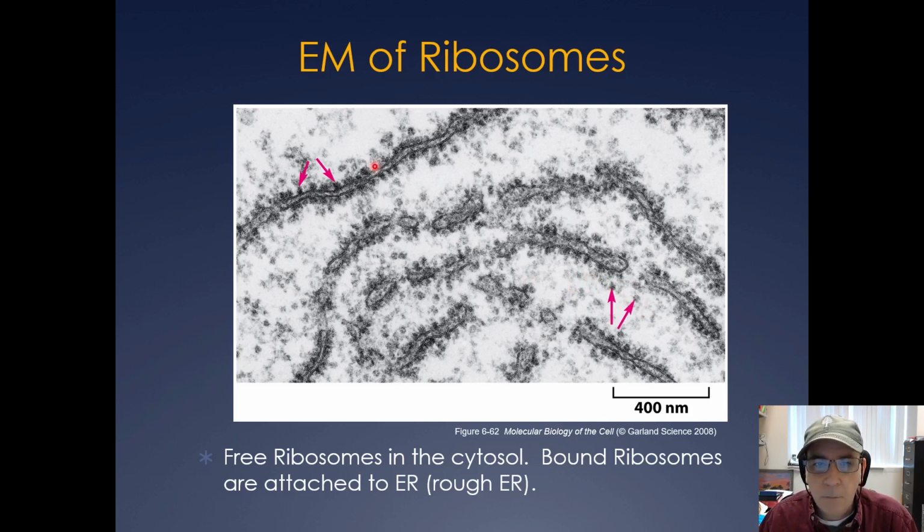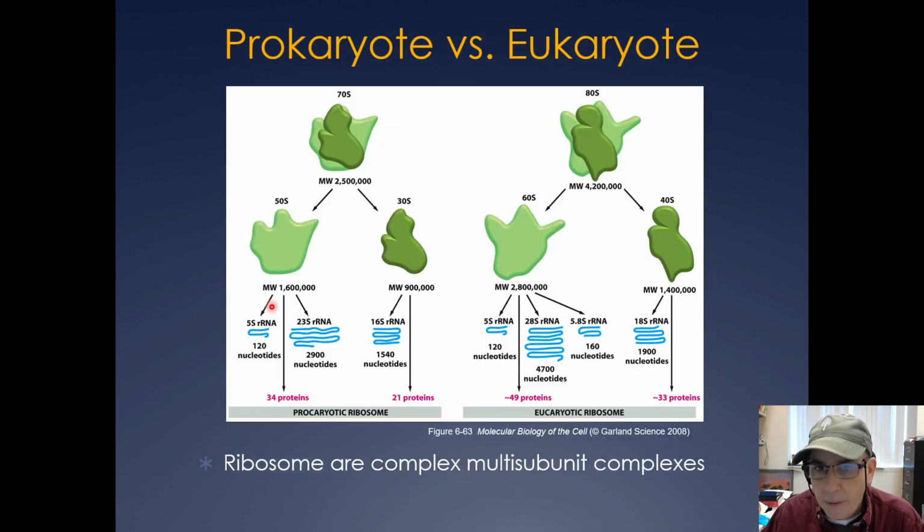And then you have ribosomes bound to the ER, which are involved in producing secreted proteins and proteins that enter the secretory pathway, which we'll cover later on in the term. So there's just two types: free ribosomes, and bound ribosomes attached to the rough ER.